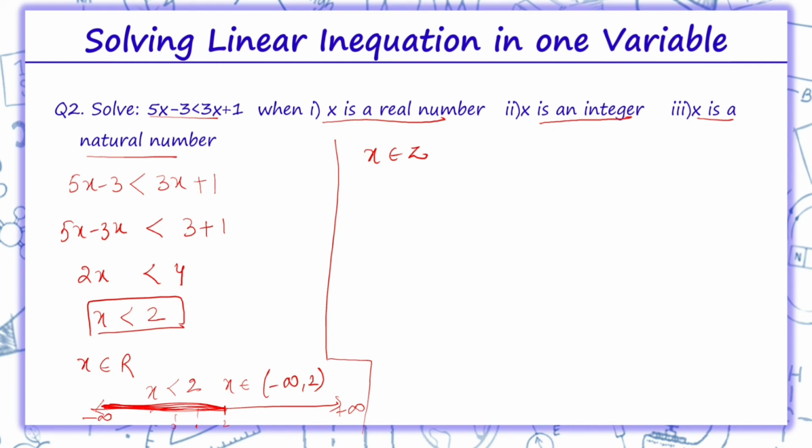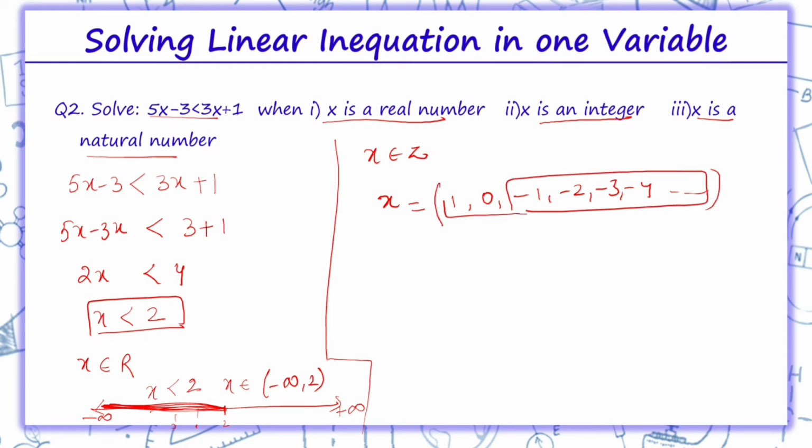Since we have to write it as an integer, x will be equal to 1, 0, minus 1, minus 2, minus 3, minus 4, and so on. Since over here only integers are asked for, we will write these integers only.